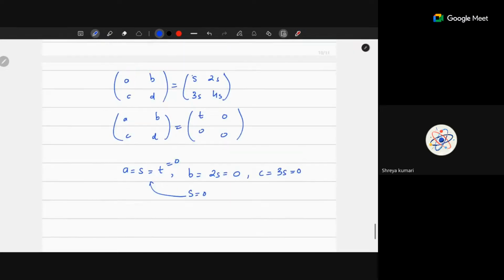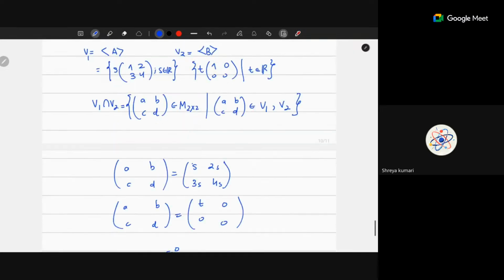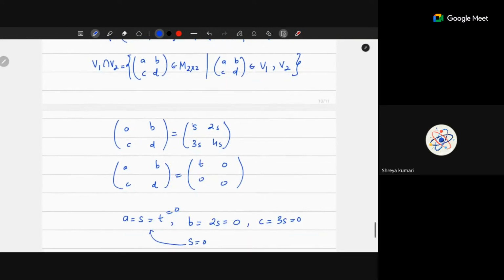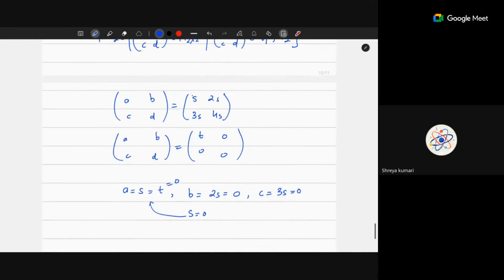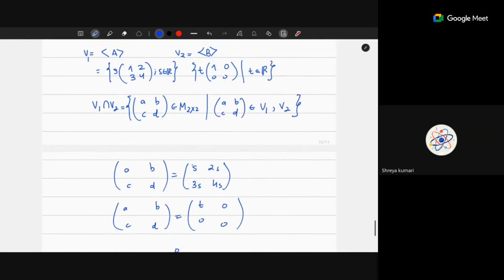So the intersection is precisely the zero matrix.